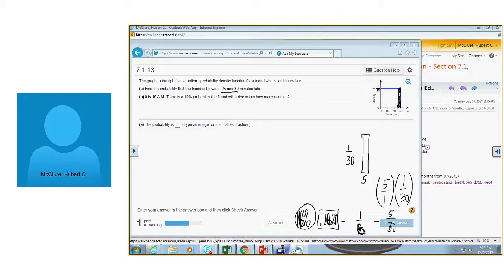If it's 10 a.m., there is a 10% probability the friend will arrive, all right, 10 a.m. It's going to be 3 minutes, though.